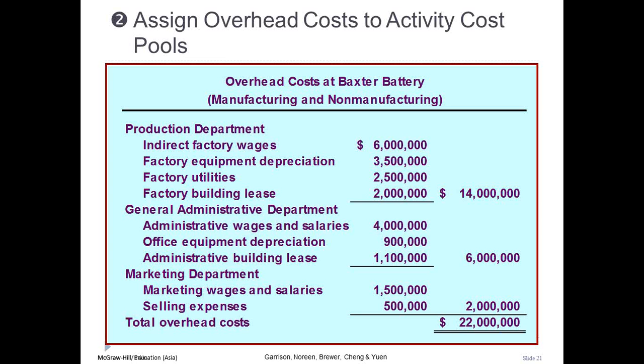Notice that total costs for the production department, $14 million, equals the total manufacturing cost shown in Baxter Battery's income statement. In addition, the total costs for the general administrative and marketing departments, which are $6 and $2 million respectively, equal the general administrative and marketing expenses shown in the income statement.